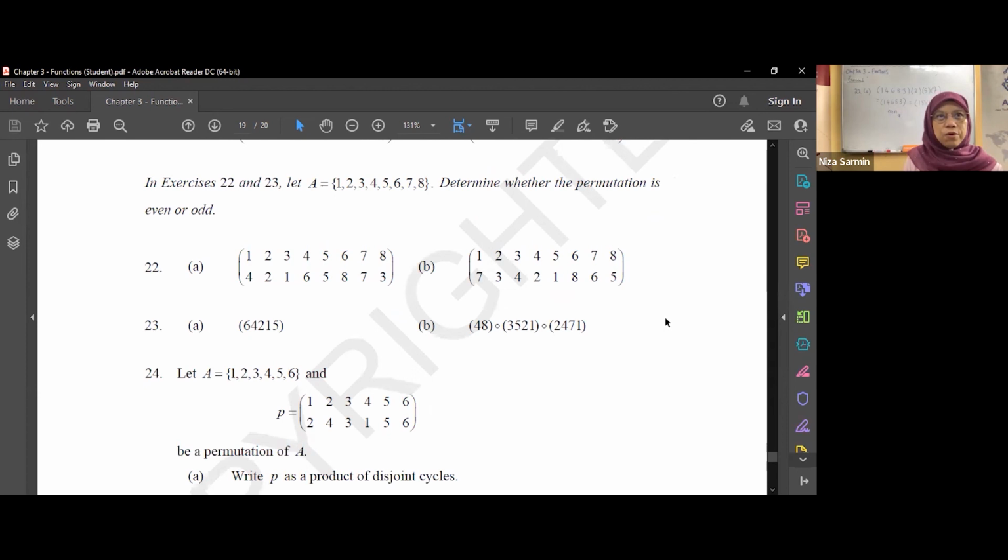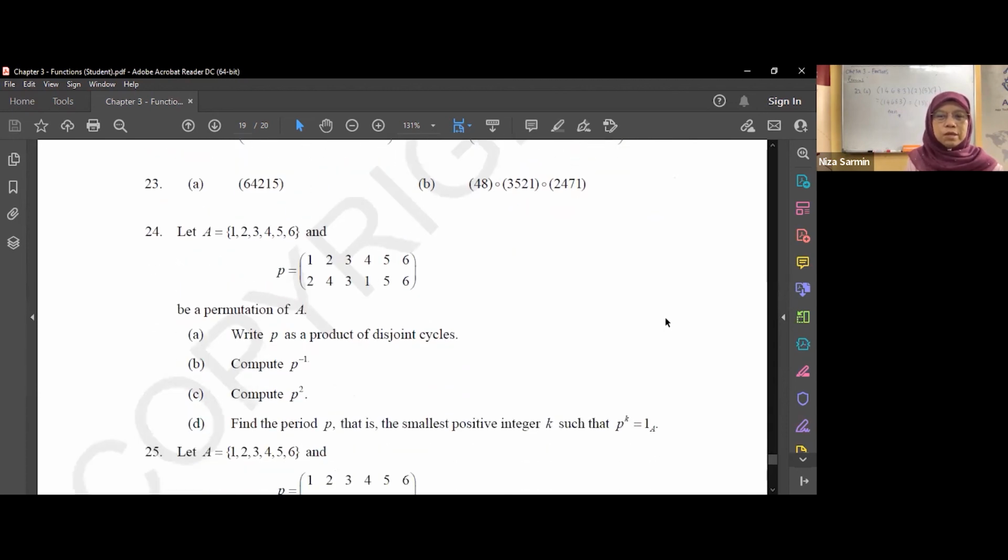Okay, 24. You can do that, 24. Part D. Find the smallest positive integer so it's equal to 1. Meaning, how many times you have to multiply? Multiply, multiply, multiply. And the answer is 1. This means the identity.